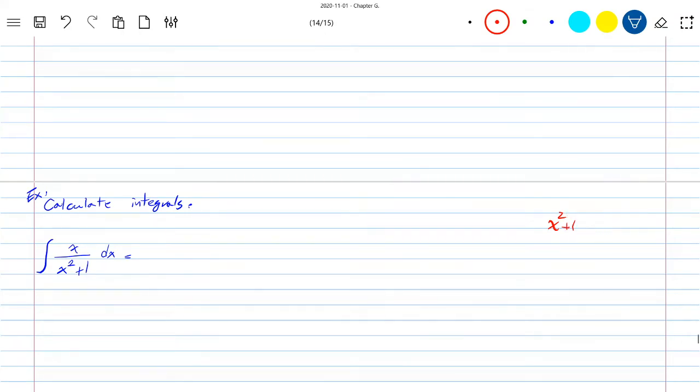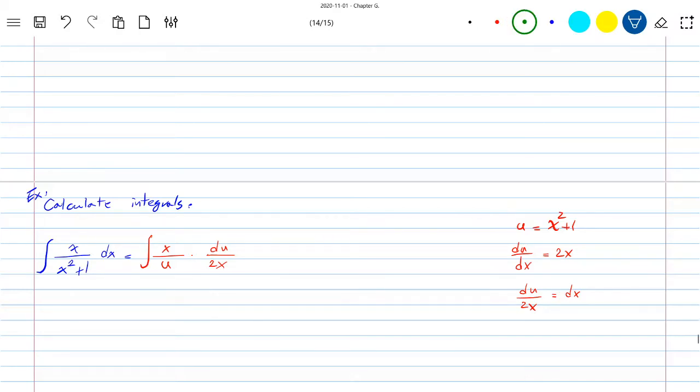Write it the other way. u equals this, so du over dx equals 2x. Therefore du divided by 2x equals dx.